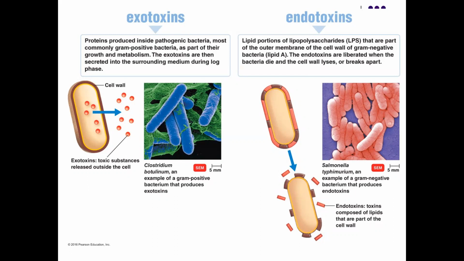We're just going to leave it at that. It's not exactly 100% accurate because, yes, there are definitely gram-negative bacteria who can produce exotoxins as well. We're not going to overcomplicate, okay? So we're just going to say gram-positive is exotoxins, gram-negative is endotoxins, leave it at that.